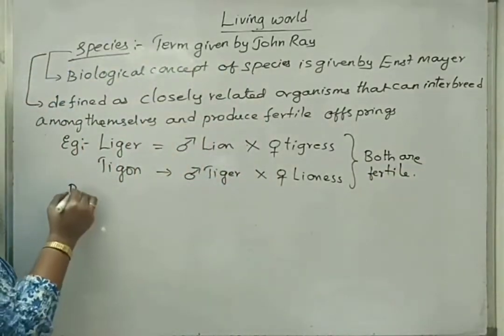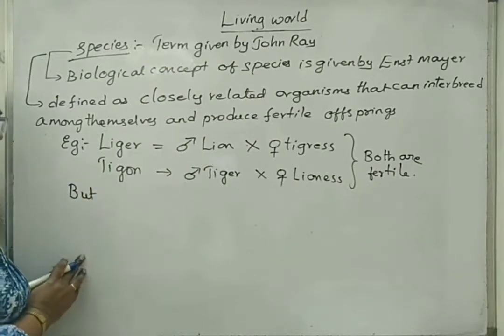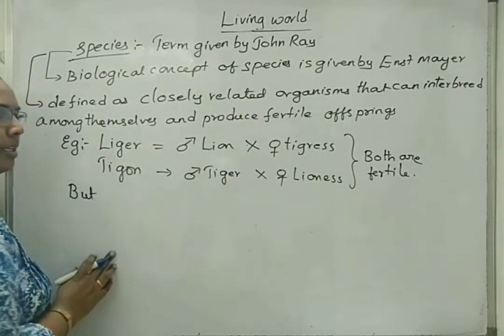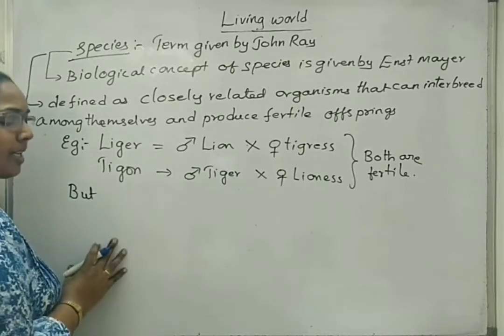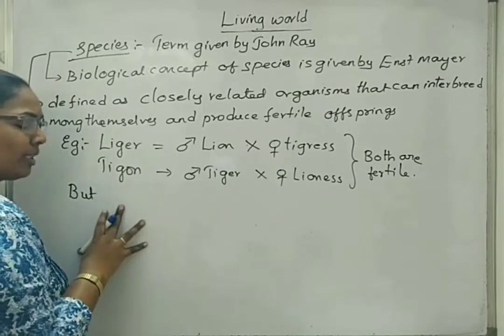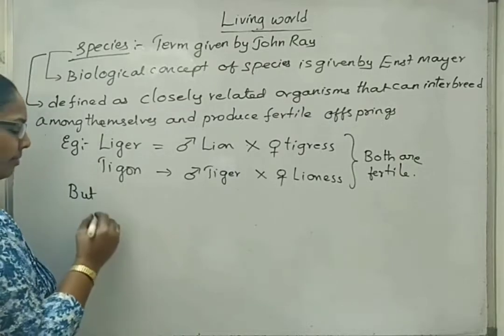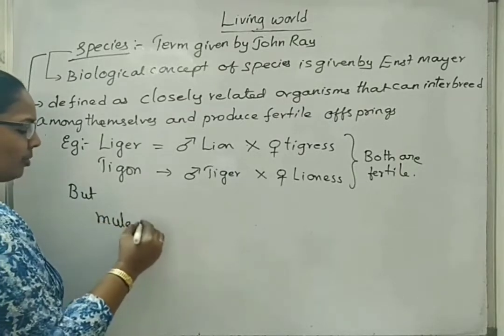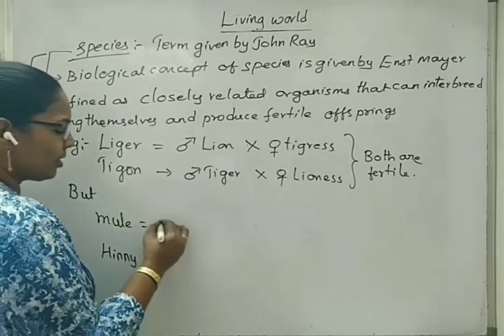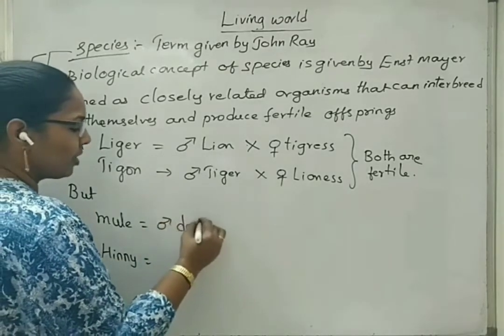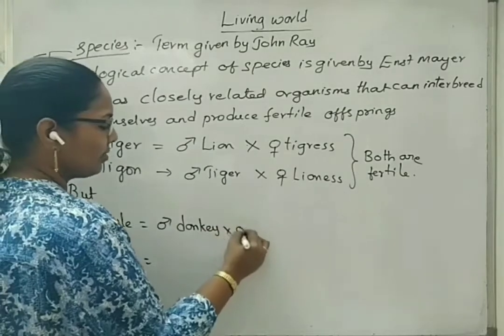But closely related organisms like horse and donkey, when crossed, produce sterile offspring. So those are considered as exceptions here, not included under species. These are mule and hinny. Mule is a cross between male donkey with female horse.